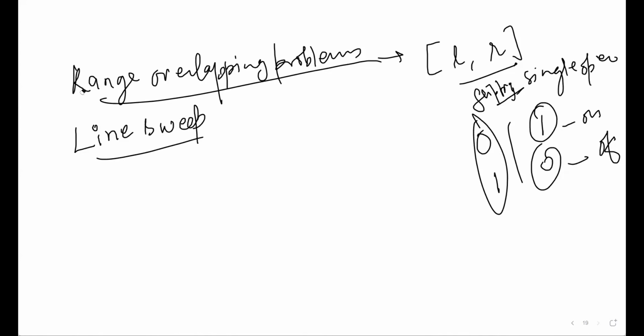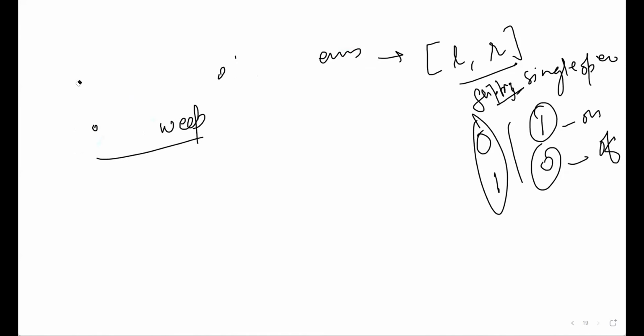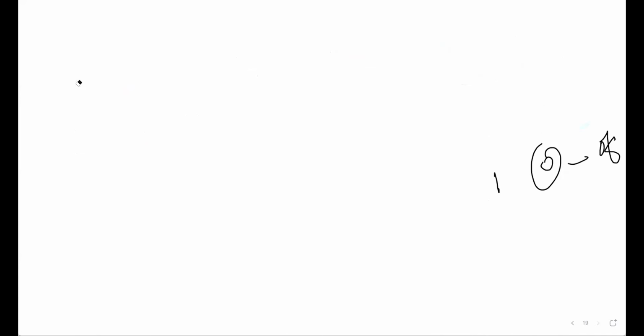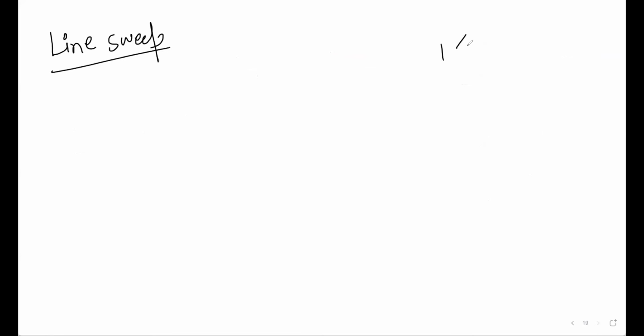So how does this line sweep algorithm work? I need a bit more space for this. Okay, so line sweep. Generally, whatever values of L and R are given are within the range of 10 to the power 5.